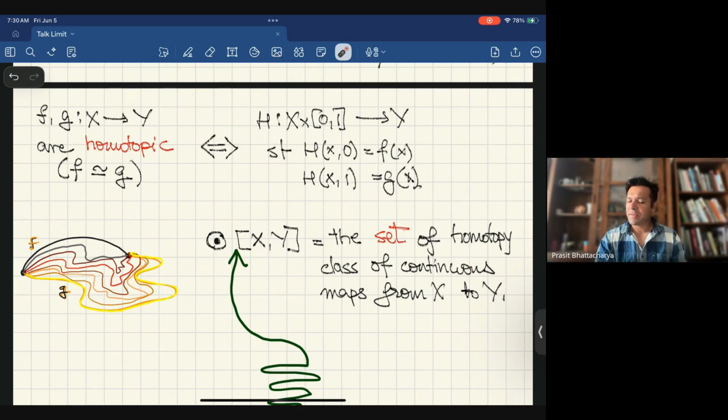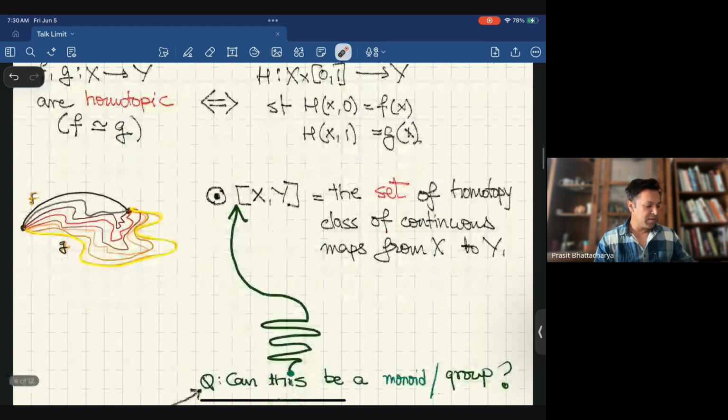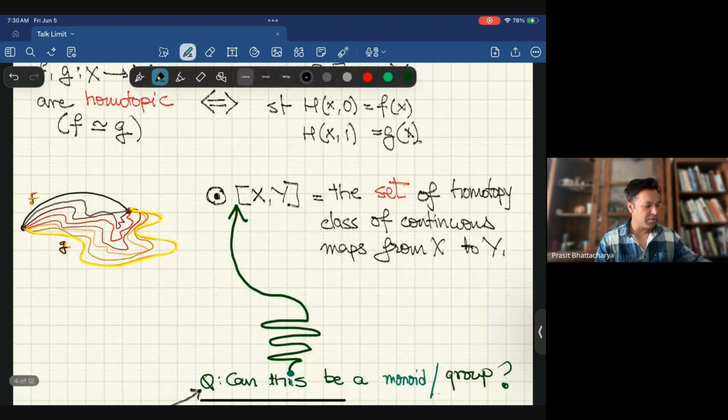I wonder if you have seen some examples of homotopy before. Maybe you have seen something like a winding number. Let's do an example here.